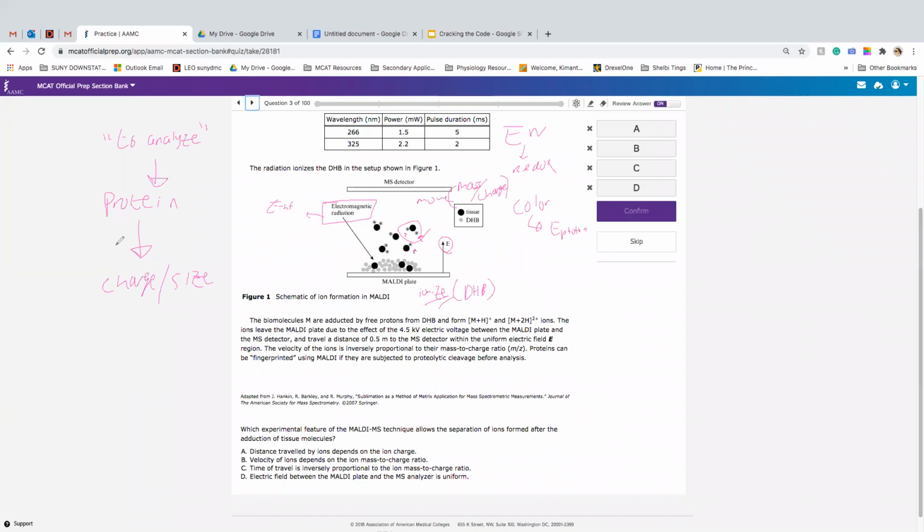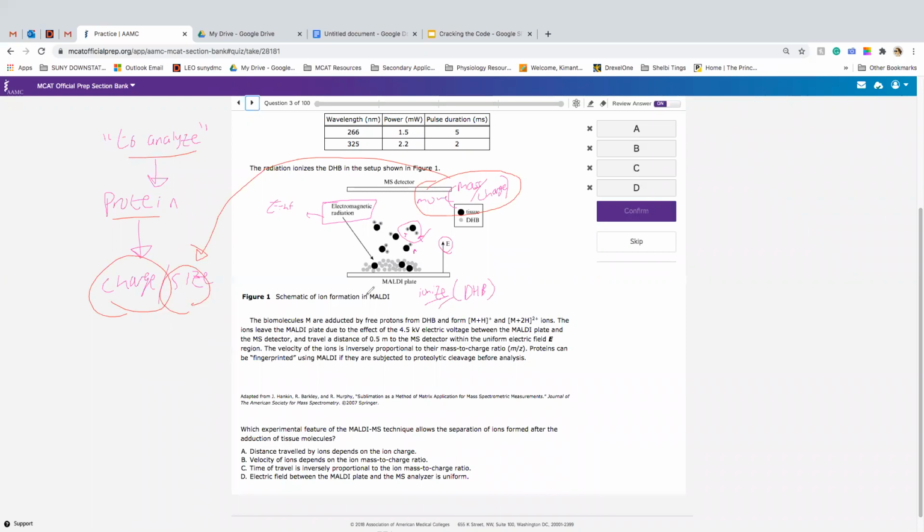So what were the two things that you said you might want to really know about a protein? Charge and size. You notice how the experimental setup was ultimately only testing and trying to tell you something you already knew, because it's an informational passage. They wanted to inform you that if you're trying to analyze proteins, you can check for the charge or the size.